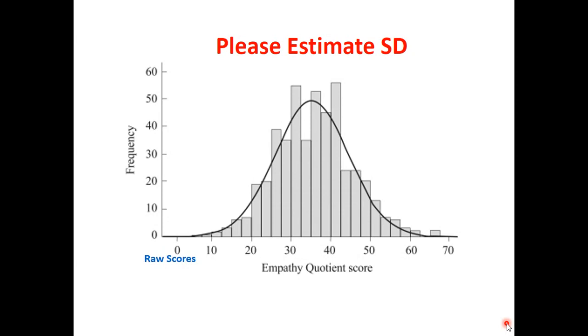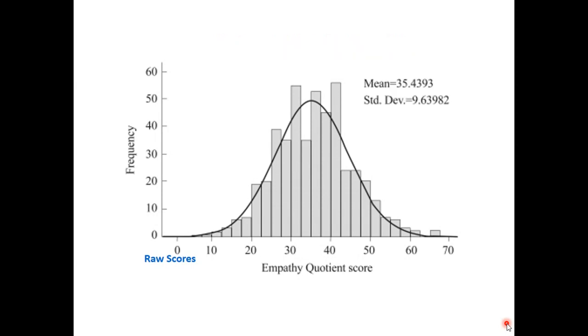Okay, I'm back. I hope you had success in estimating the standard deviation for this histogram. Here's the correct answer. For this distribution, the mean is 35.493, and the standard deviation is 9.63982.